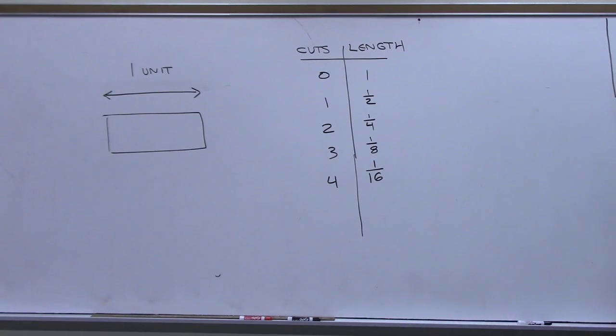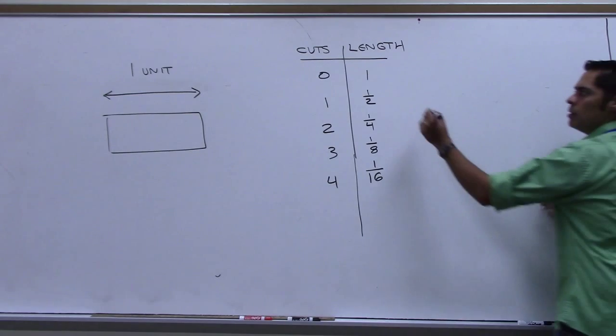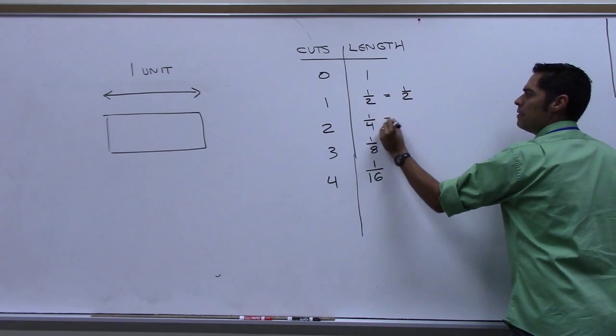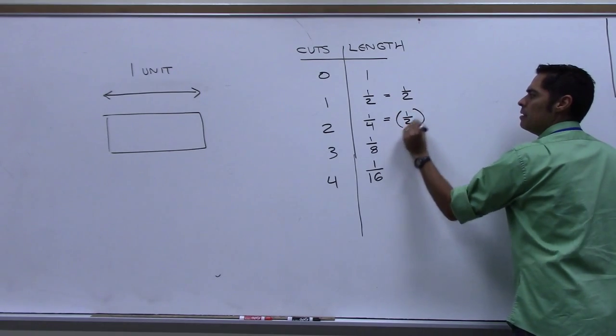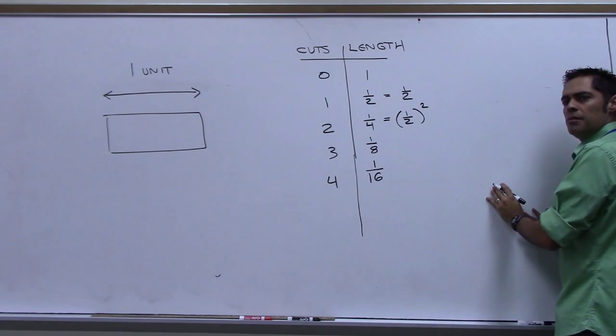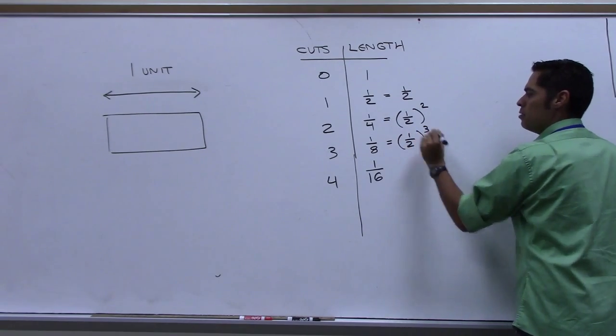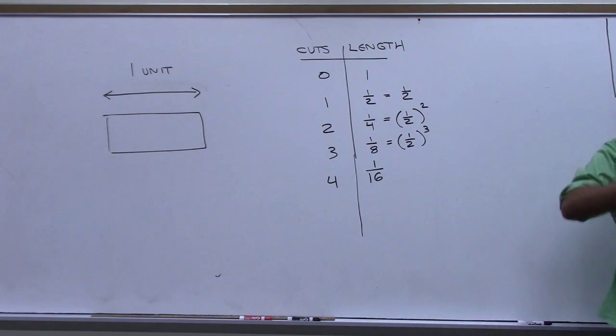What's the function that gives us this? This is 1/2. This is 1/2 squared, isn't it? This is 1/2 cubed, because didn't we say we're taking half of a half and then half of a half and then half of a half?